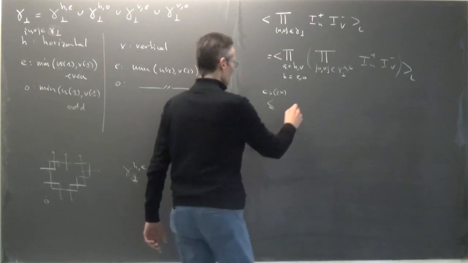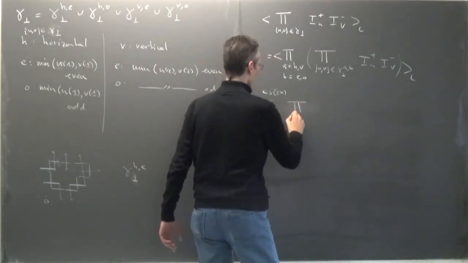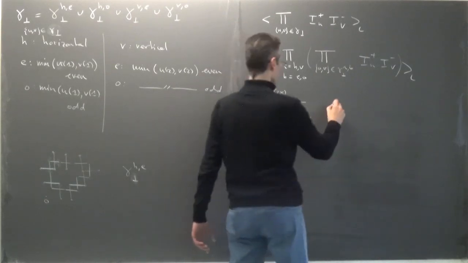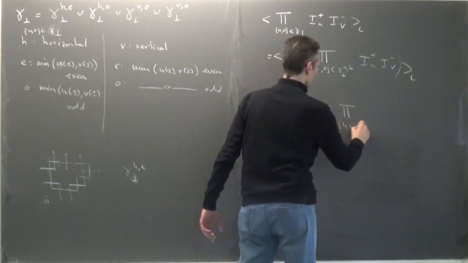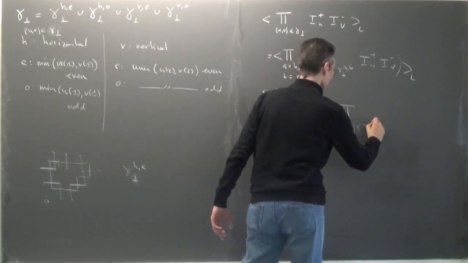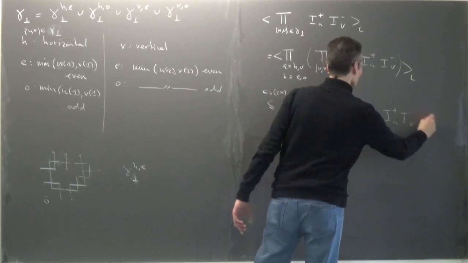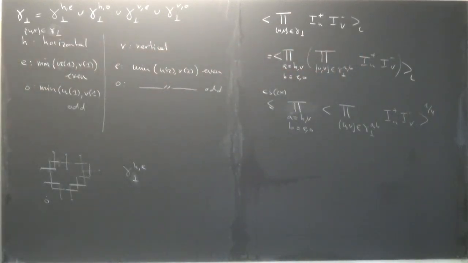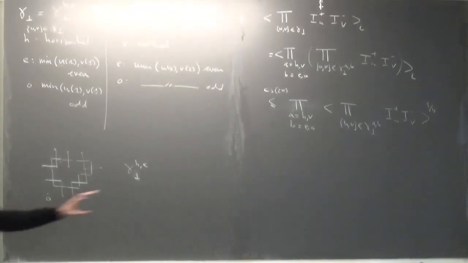And what you get is that this is smaller than the product over A, which is horizontal or vertical, B, which is even or odd, of the expected value of the product over UV in gamma orthogonal AB of I plus U, I minus V, to the power 1/4, because you lose a power 1/2 each time you use Cauchy-Schwarz. So you use it twice, you get a 1/4. Okay. I've just split over the 4 types of edges.